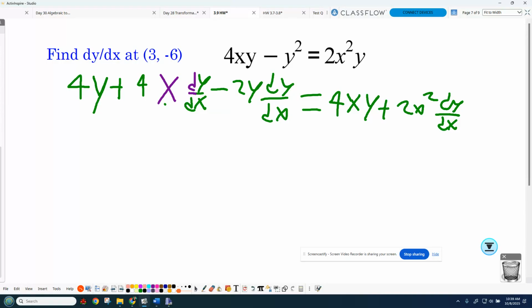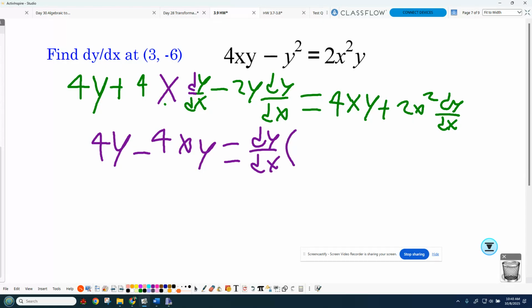Correct. So I'm gonna add it this actually. Yeah, I'll do 4y minus 4xy equals dy over dx. I think that's correct.